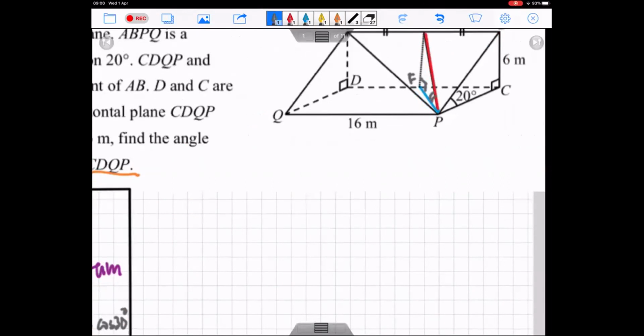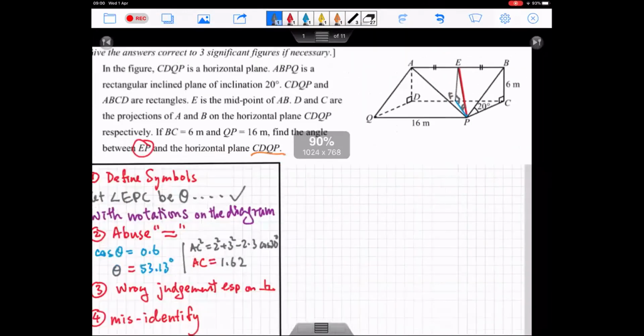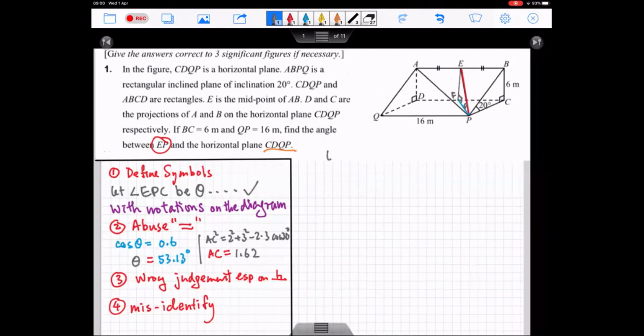EPF is the required angle. To put it in writing, we can let F be the midpoint of BD. The required angle is angle EPF.